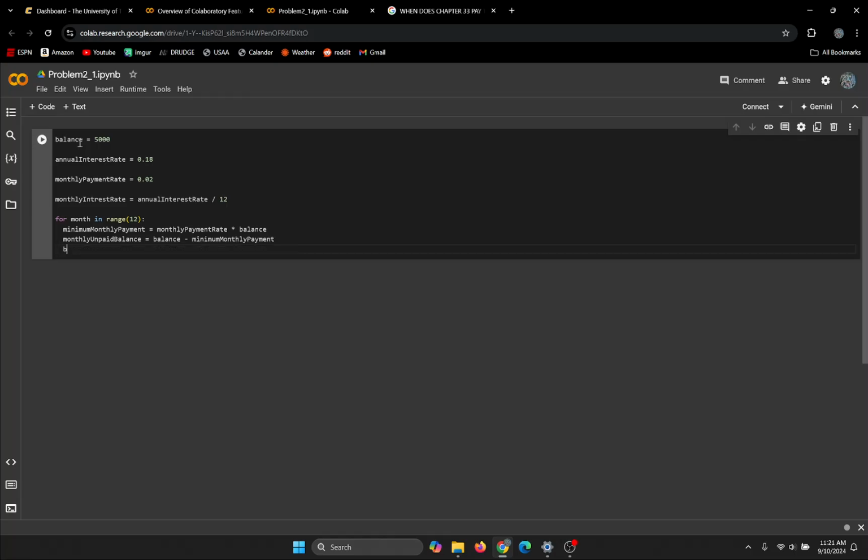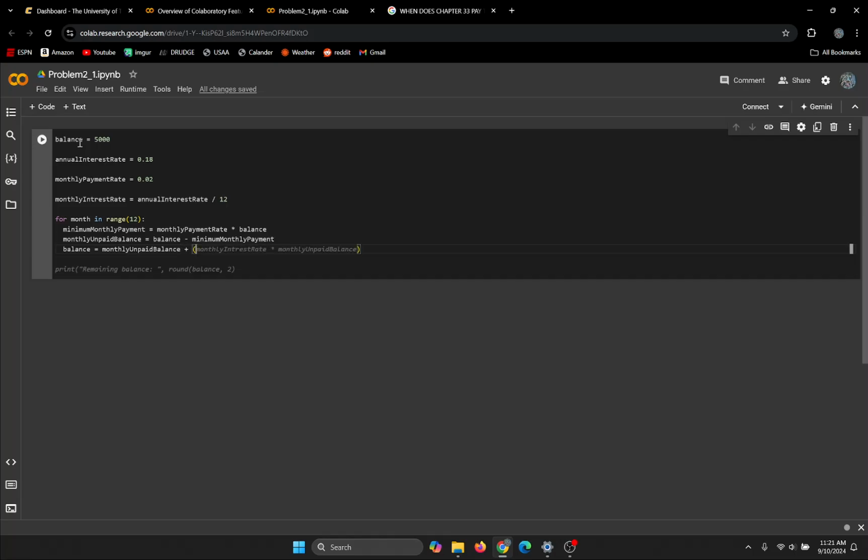So now we can take the new balance we got and set it equal to the monthly unpaid balance, and add to it the monthly interest rate times the monthly unpaid balance.